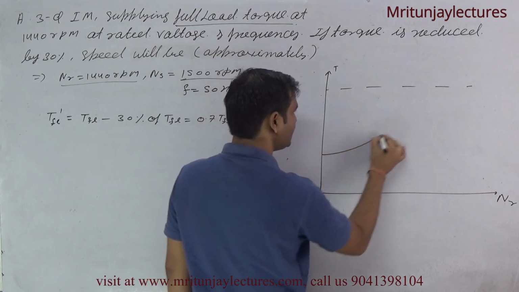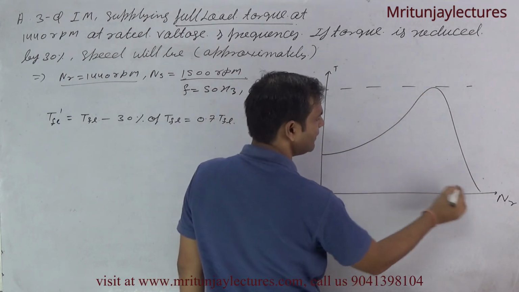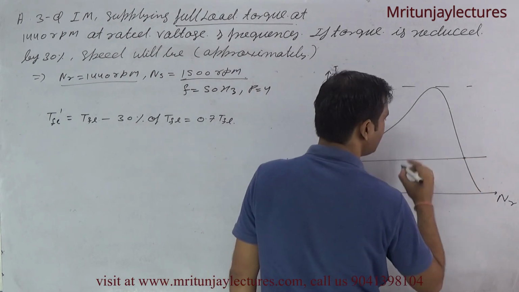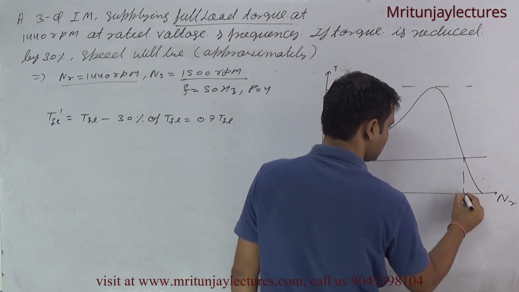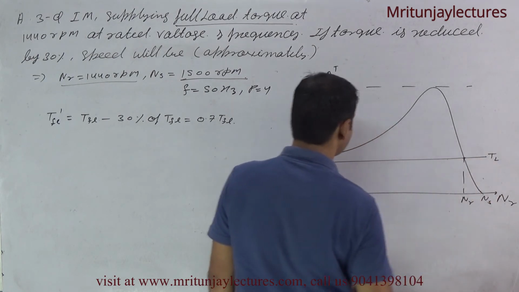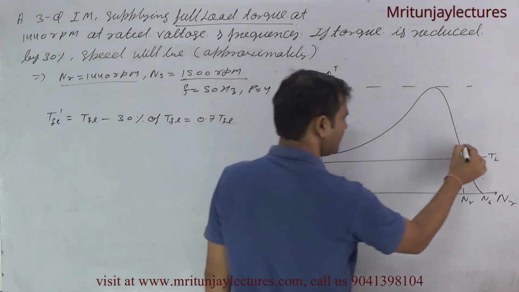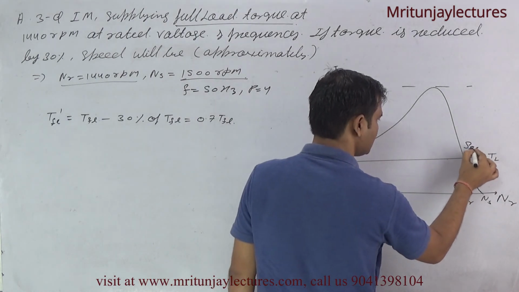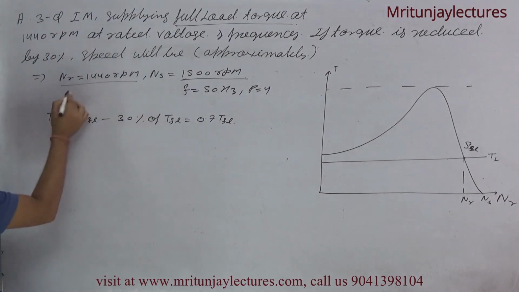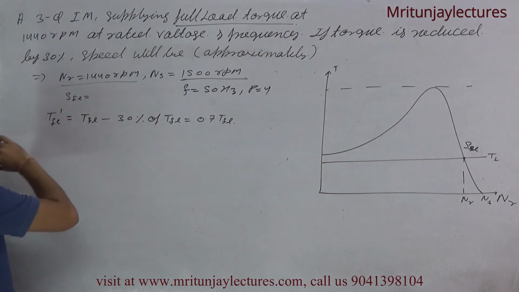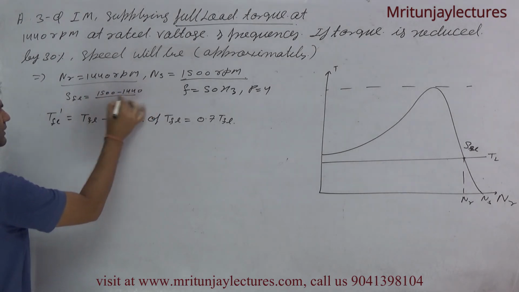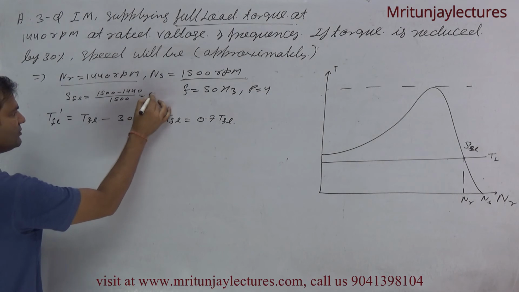Practically, an induction motor operates at full load at this point, between nr and ns. That is the full load slip. So what about the slip? Full load slip is (1500 minus 1440) divided by 1500, that is 0.04.